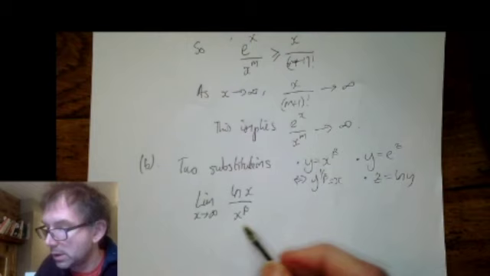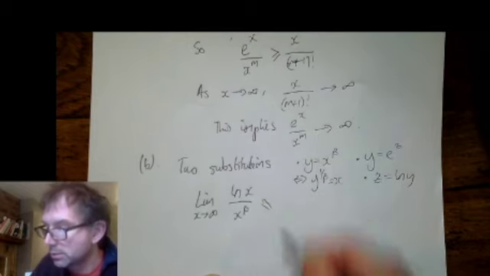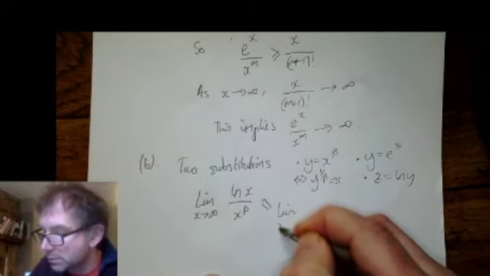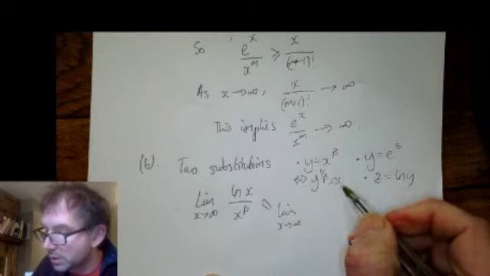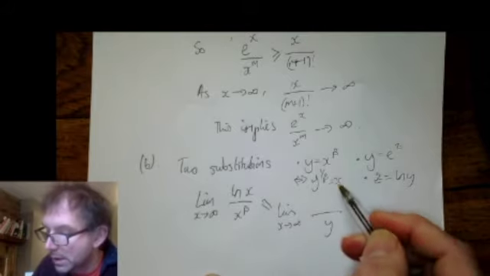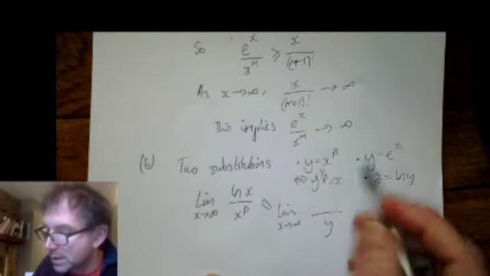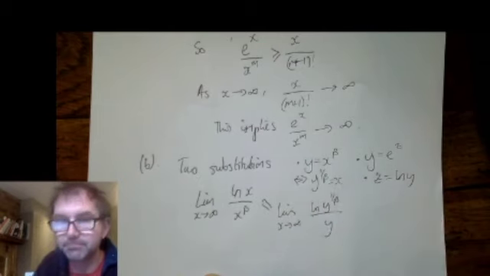So now, just plugging those in here, I get that the limit of this is equal to the limit of, so putting y in there and putting x in there, I get log of y to the 1 over beta.